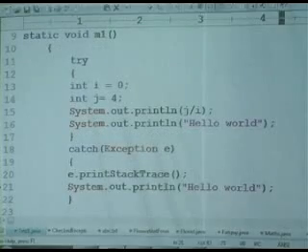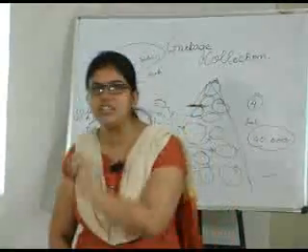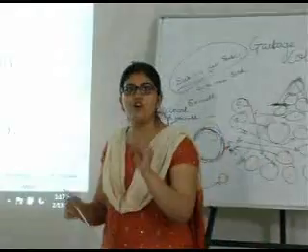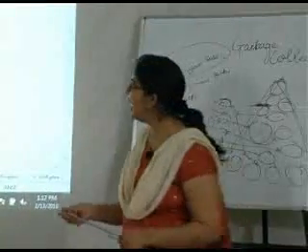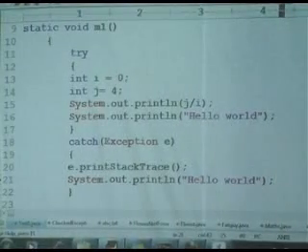Now I am sure that if an exception occurs, this line is going to get printed, and if the exception does not occur, even then the line is going to get printed. In order to do this, I replicated this line in my try block as well as in my catch block.